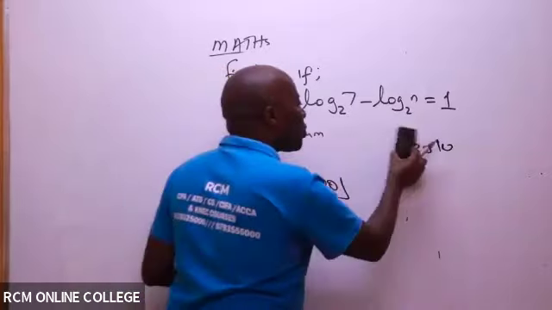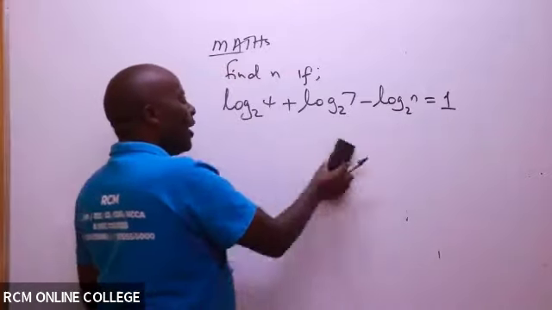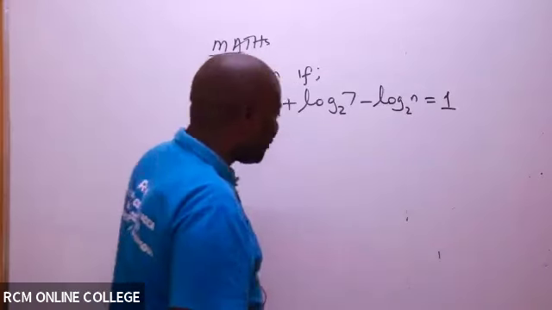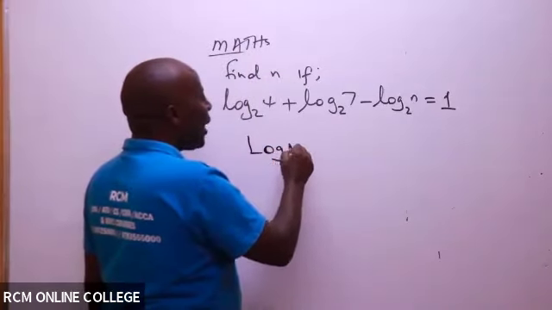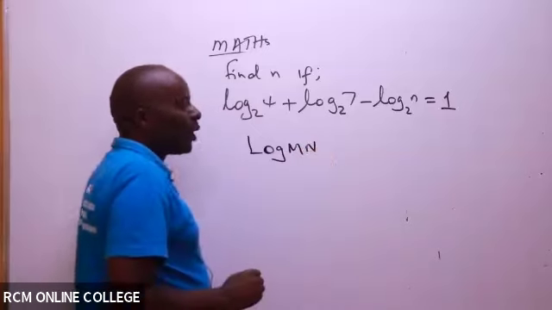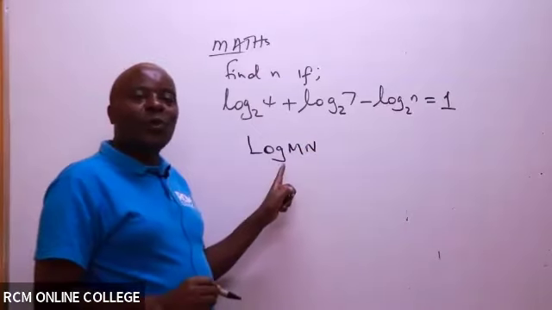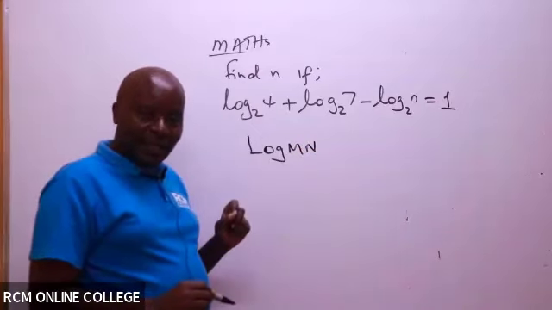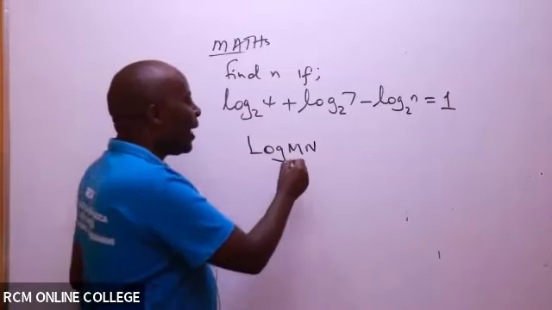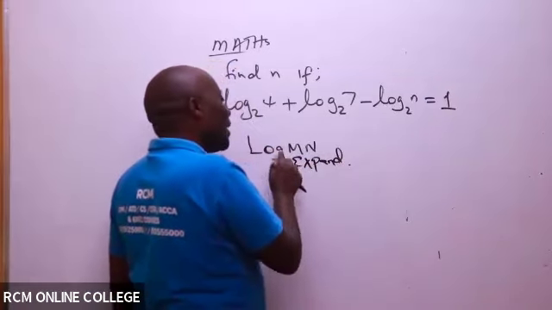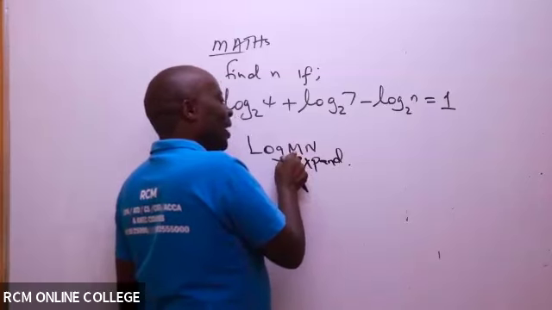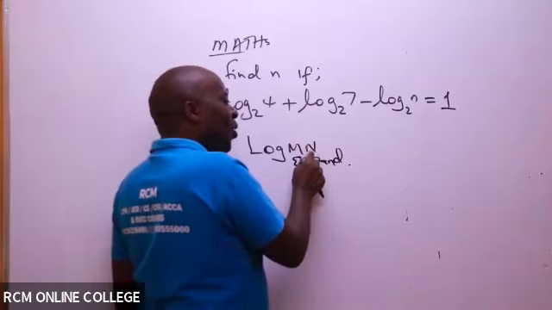Please listen. This is very, very important. You will get a situation where your examiner will give you something like log mn, and he expects you to expand this. It means that the m should have its own log and the n should have its own log.